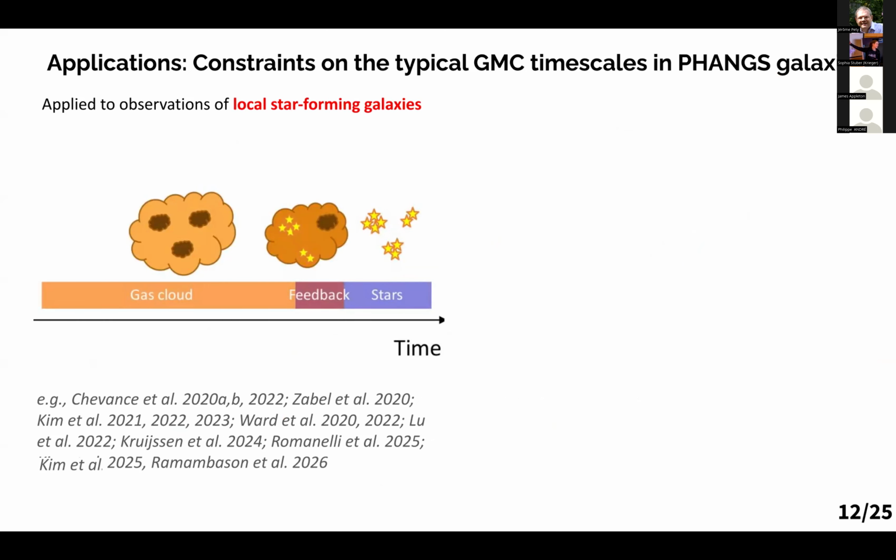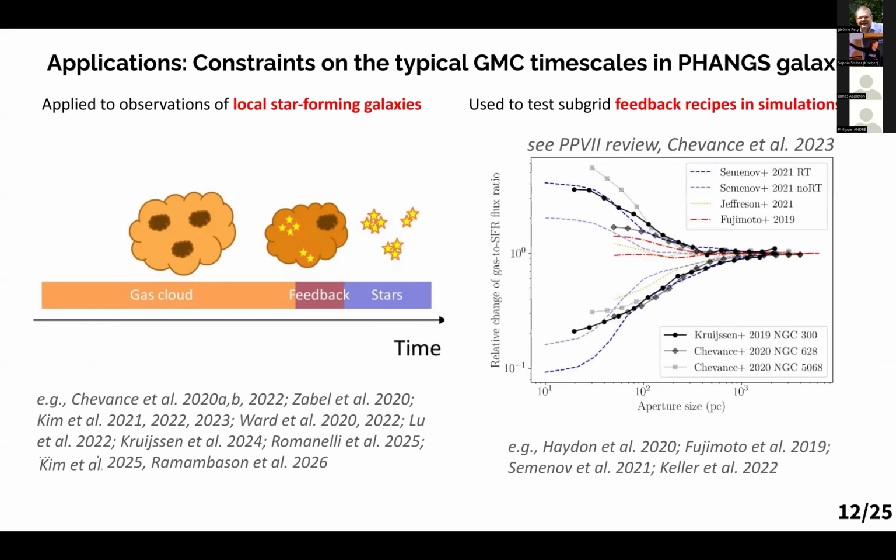Okay. So this method has been applied extensively in the local universe to measure the lifetime of clouds and the duration of feedback. But it has also been applied in simulation as a metric that could be interesting to probe the feedback recipes, with the idea that because this decorrelation at small scale is observed in the nearby universe in every galaxy, the simulation should also be able to reproduce this decorrelation at small scales, which is only the case for some specific feedback recipes.